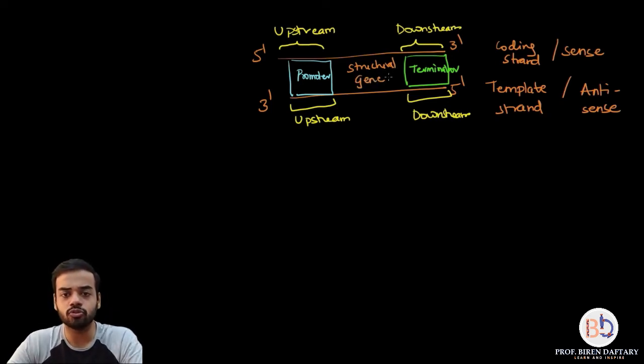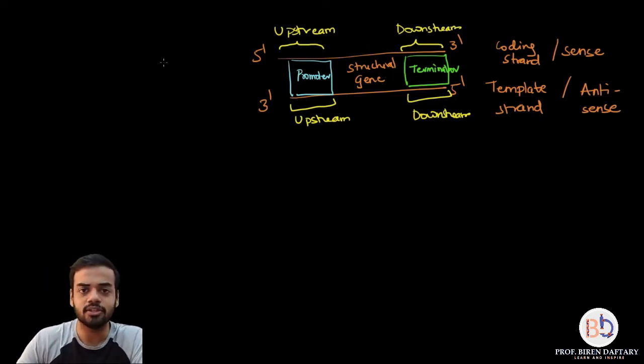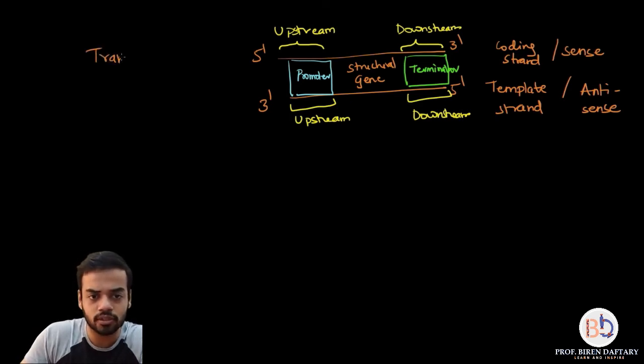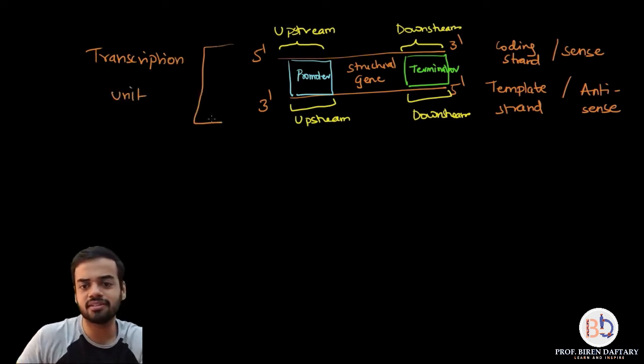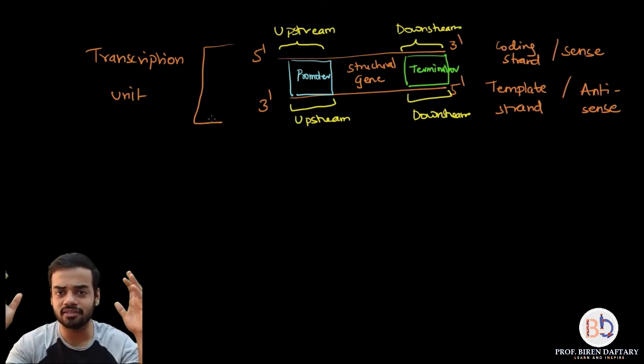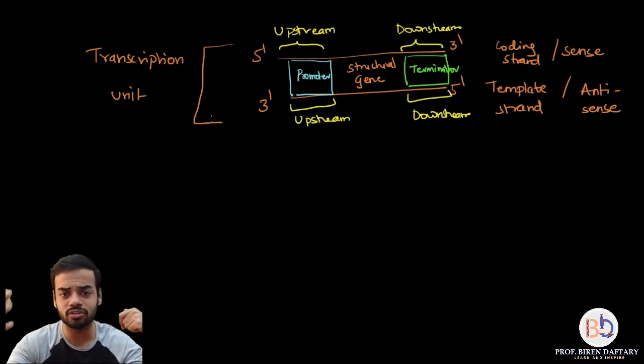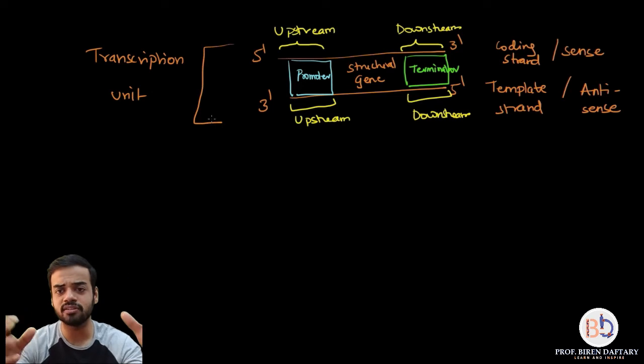So this structure is called your transcription unit. So I'm going to write down over here, this is your transcription unit. Is this clear? We have already studied this. This is just a revision, so I'm going to go through this very quickly. I hope this is clear.